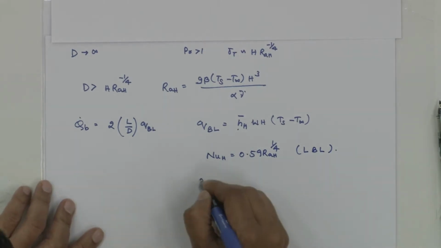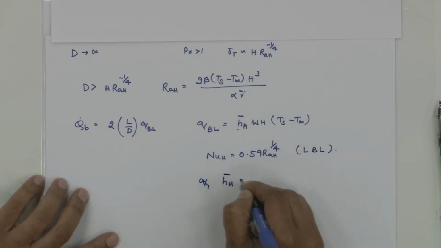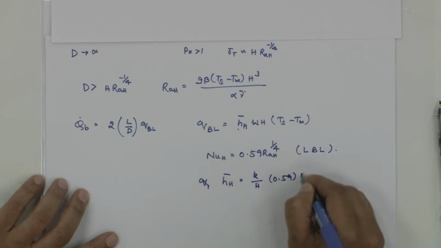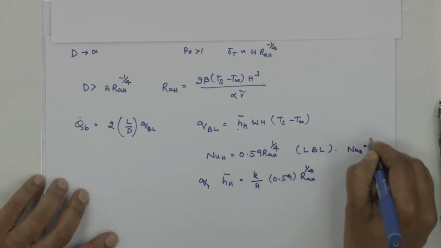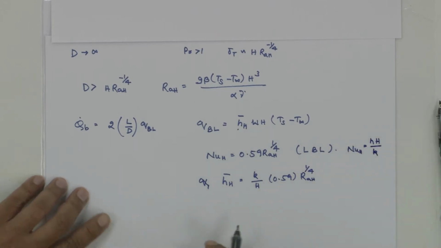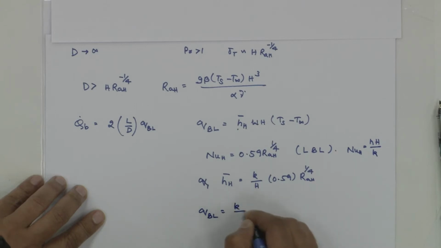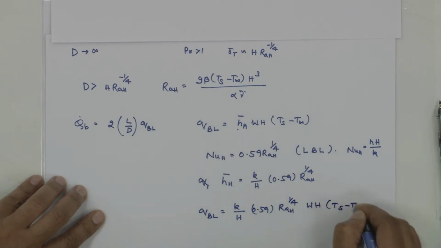So h bar_H equals K by H into 0.59 Ra_H to the power of 1 by 4, because Nu_H equals h_H by K. Substituting this, Q_BL equals K by H into 0.59 Rayleigh number to the power of 1 by 4 into W into H into Ts minus T infinity.